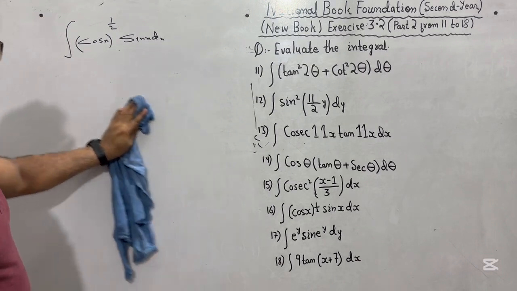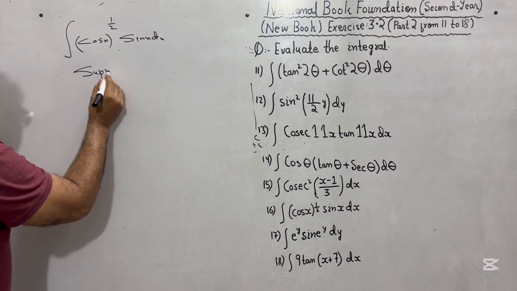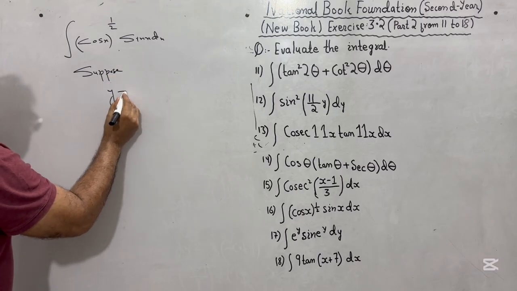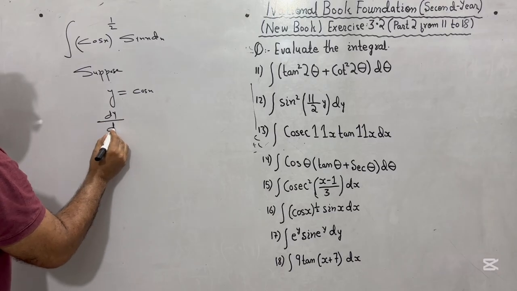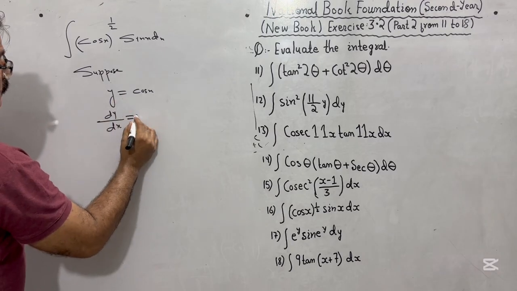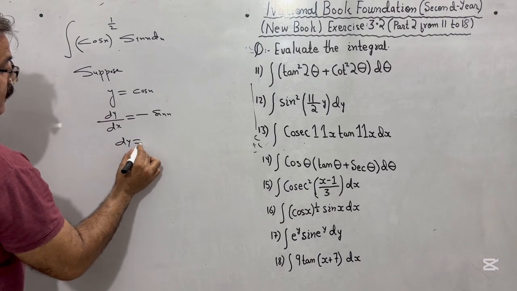Suppose y is equal to cos x. Differentiating with respect to x, dy over dx. The differentiation of cos is minus sin x. Shift dx here, so dy is minus sin x dx.